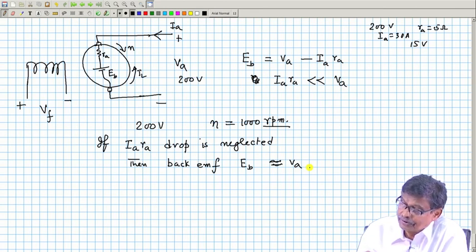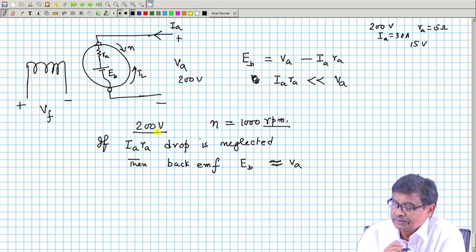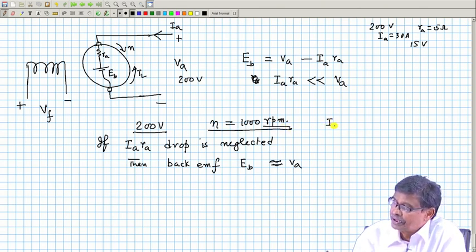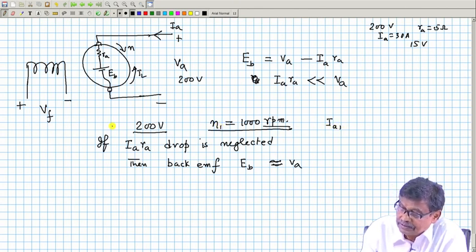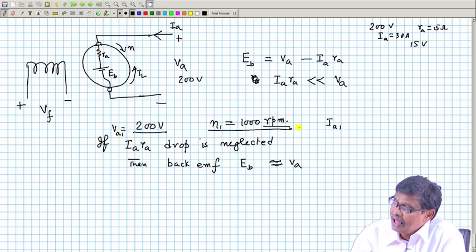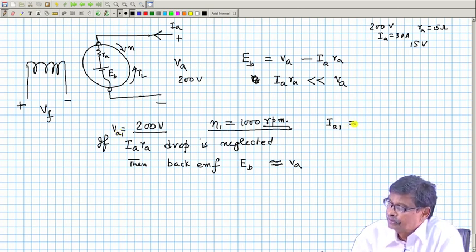So, suppose 200 volt is the supply, the machine is running at N1 equal to 1000 RPM, and suppose the machine is drawing a current IA1 of 15 ampere, with V_A1 equal to 200 volt.